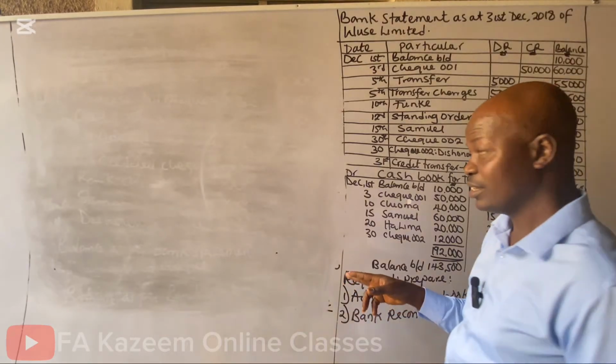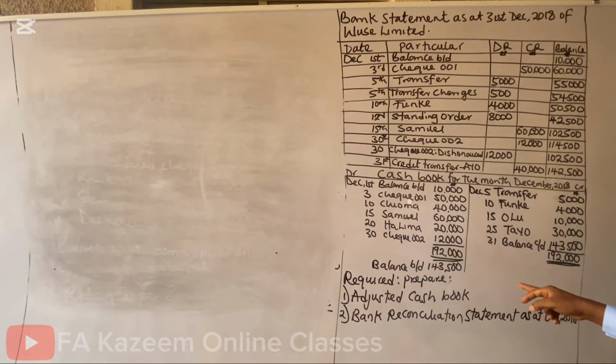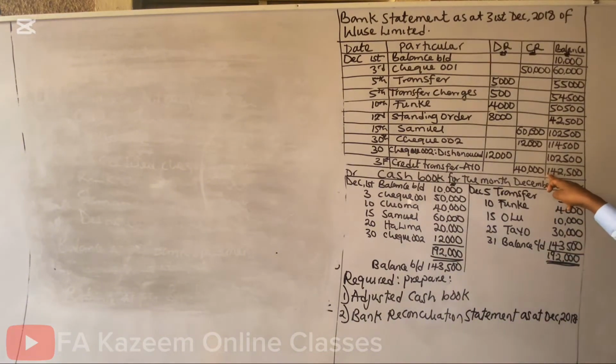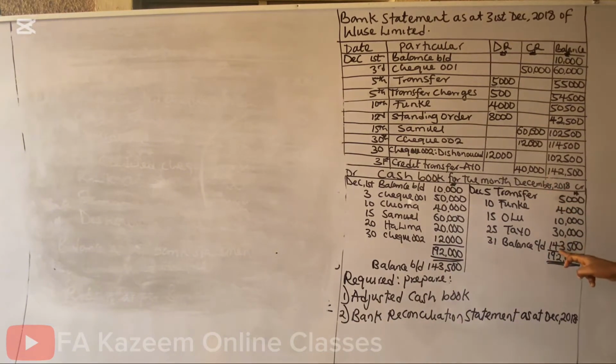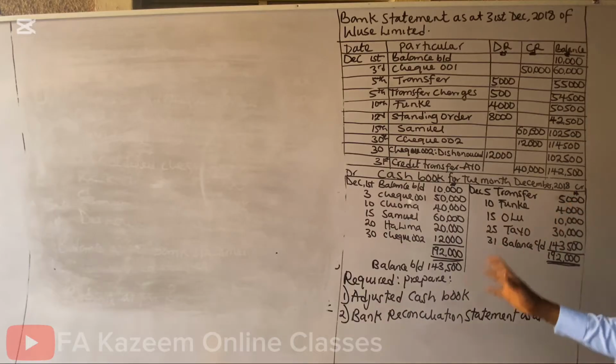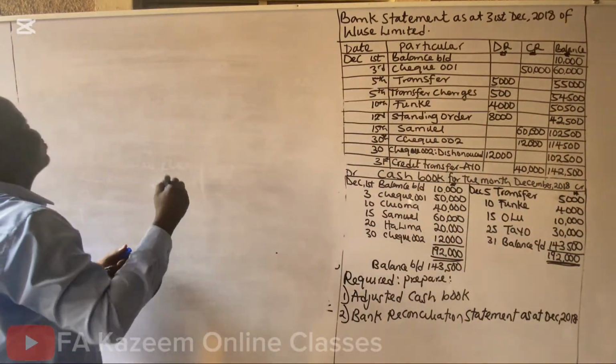At the same time, the cash book prepared by the accountant of Wuse Limited is telling the company that the balance they have is 143,500. Meaning, between the balance of the bank statement and the balance of the cash book, there's a disagreement, which we need to reconcile. In that case, let's see how we are going to reconcile them.